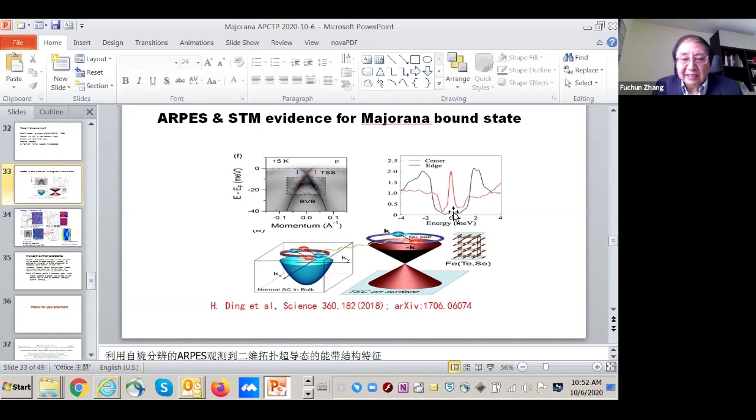And later, in addition to the zero bias peak, they observed other Bogoliubov quasiparticle states, trivial quasiparticle states, separate from the zero bias peak.